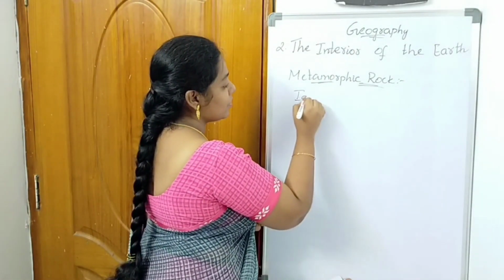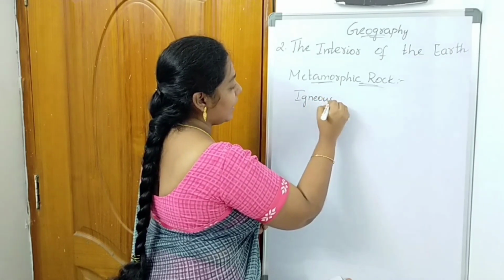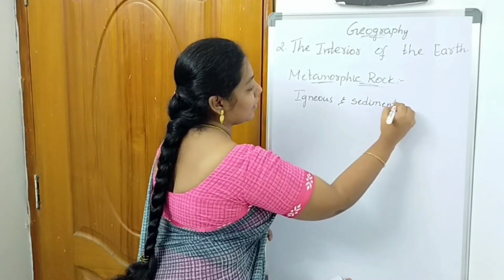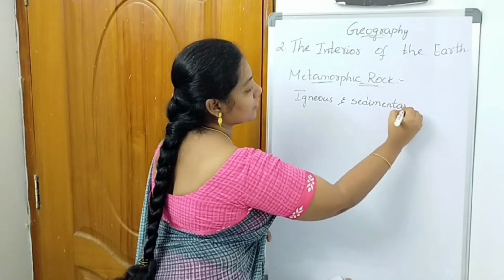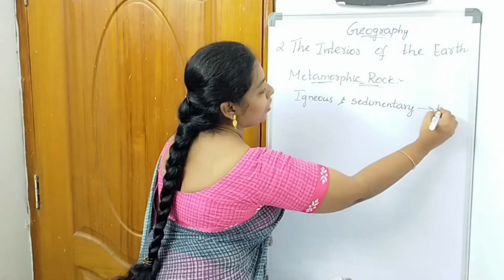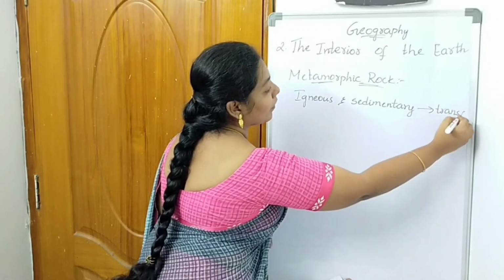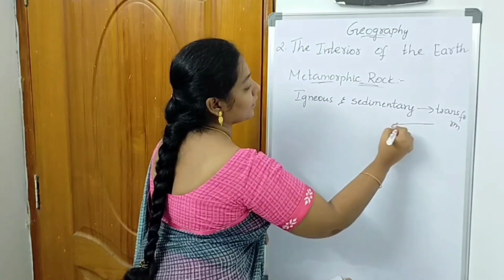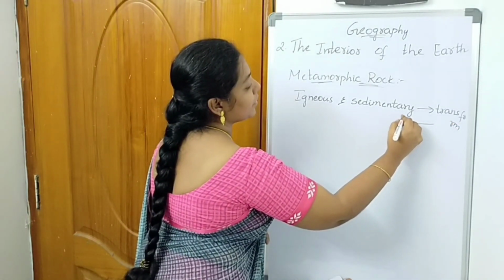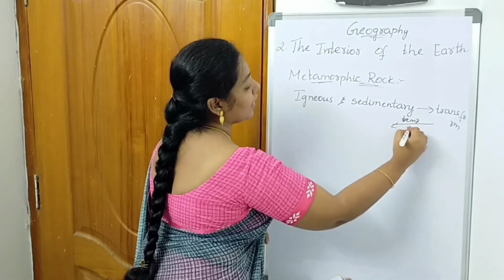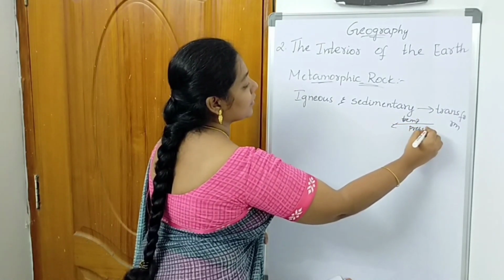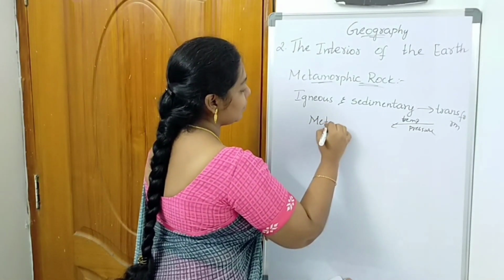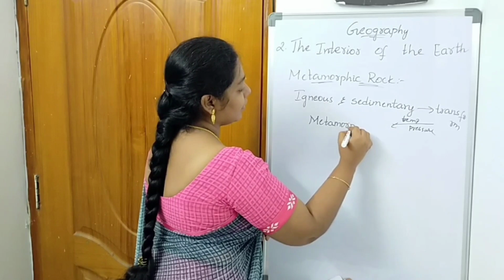So igneous rocks and sedimentary rocks transform under temperature and pressure, thus leading to a new rock called metamorphic rock.